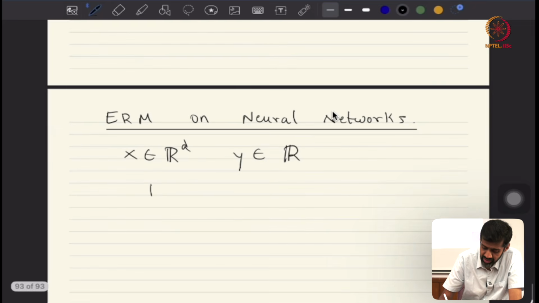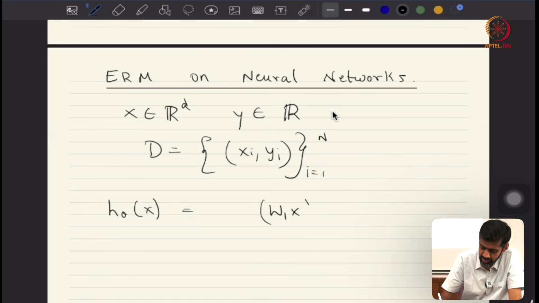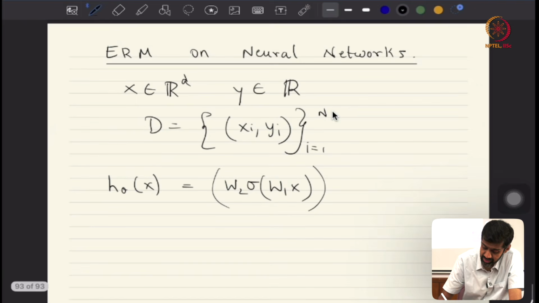So we have data as usual, which are samples drawn i.i.d. from the distribution. h_theta(x) is the neural network, W1 times x, sigma here, and W2. Let's say we have this neural network for ease.